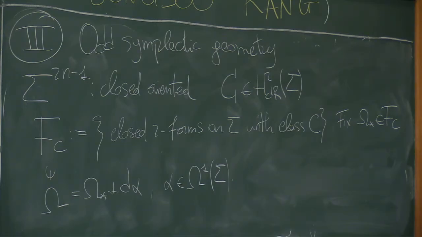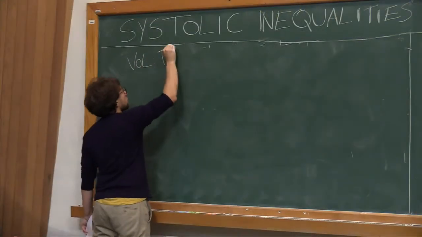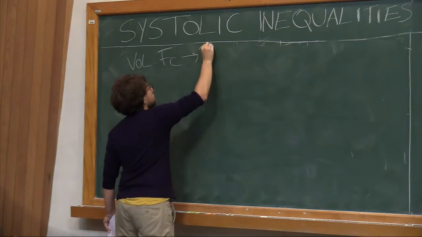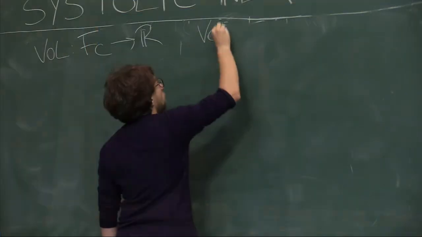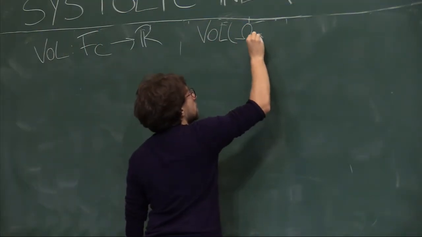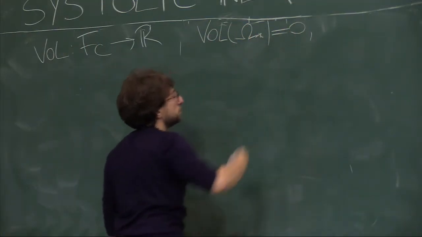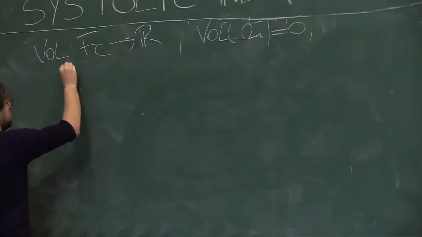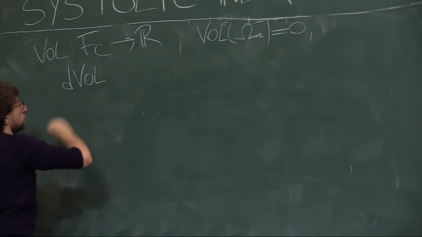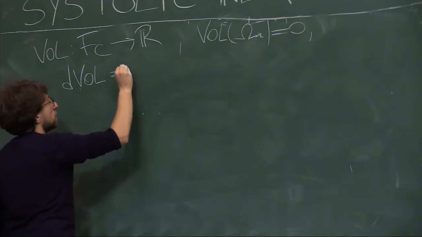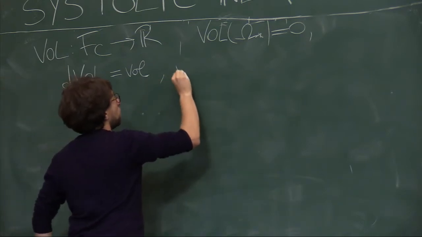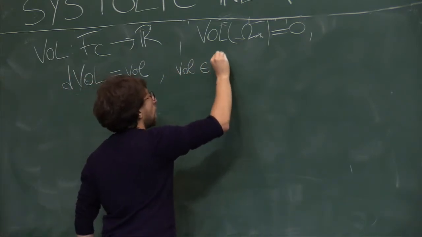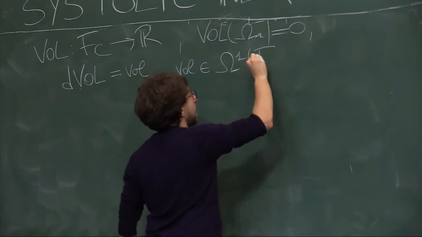Okay, so how is the volume defined? So the volume now is a function from Fc into R. And then I define the volume by requiring that the volume at this reference form omega star is 0, and then by specifying the differential of this function. And I say that this differential is equal to small volume here, where this small volume is a one form on the space Fc.